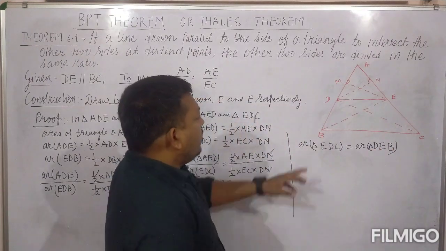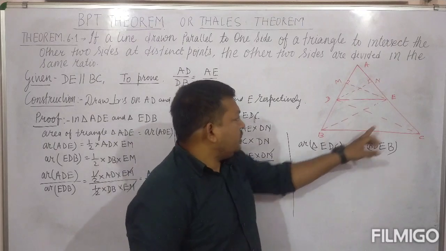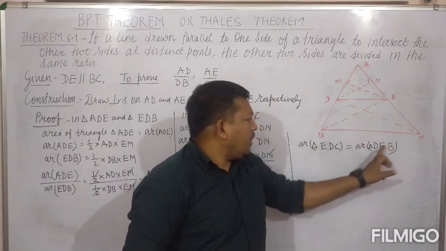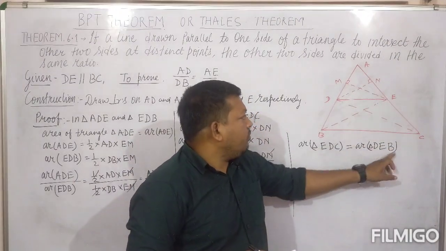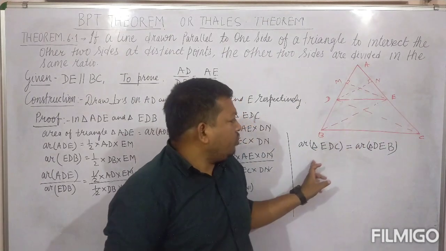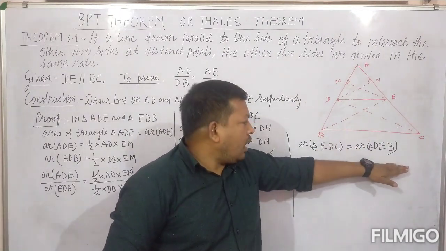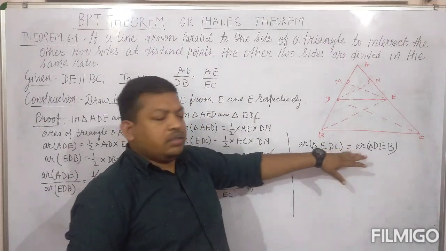Observe it carefully. How can the areas of these triangles be equal?